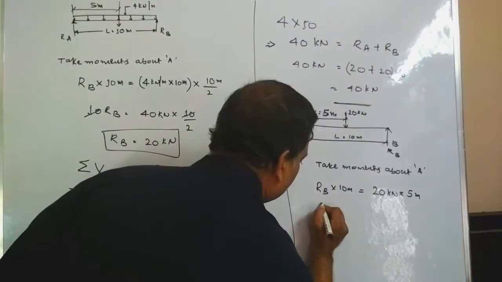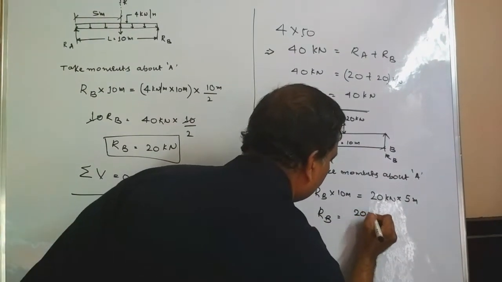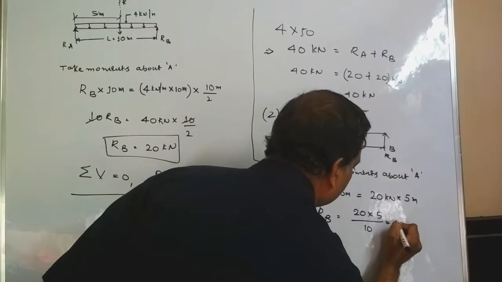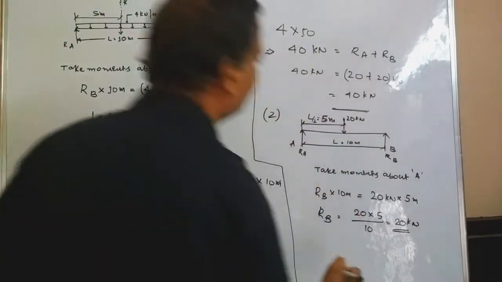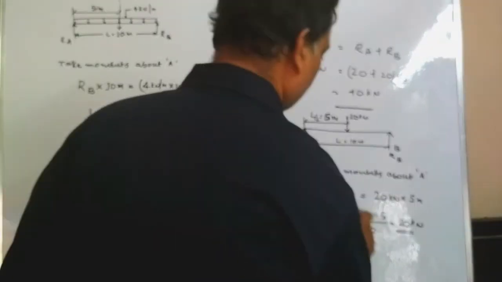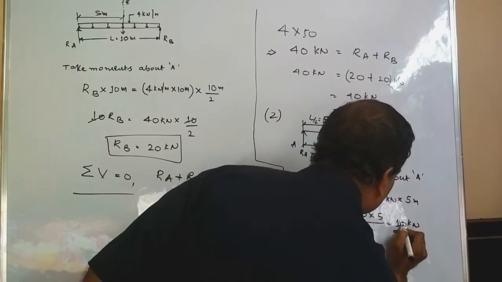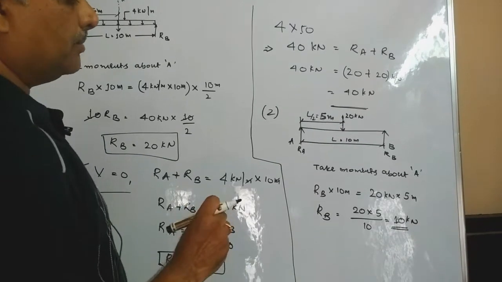Now it is quite simple. The next step would be calculating RB, which is 20 into 5 divided by 10, which is 20 kilonewton again. It is rather 10 kilonewton. So RB is 10 kilonewton.